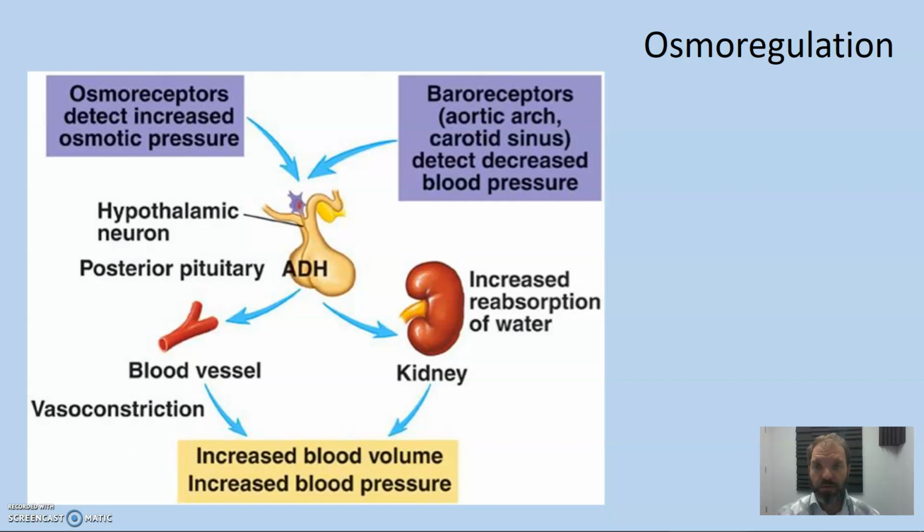more water reabsorbed. If, on the other hand, the system detects that there's high volume of blood and too much water, then you'll reabsorb less water from that filtrate, and the water ends up passing out through the urine. So you have large volumes of diluted urine if you have too much water in your system.